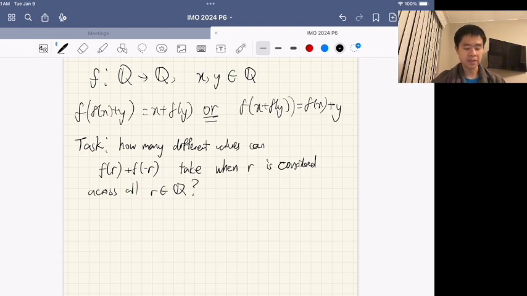So basically the number of different values that this can take, and you want to see what's the maximum you can achieve.